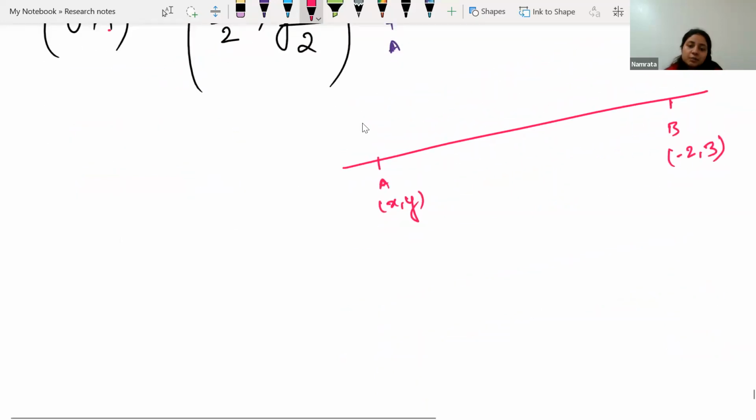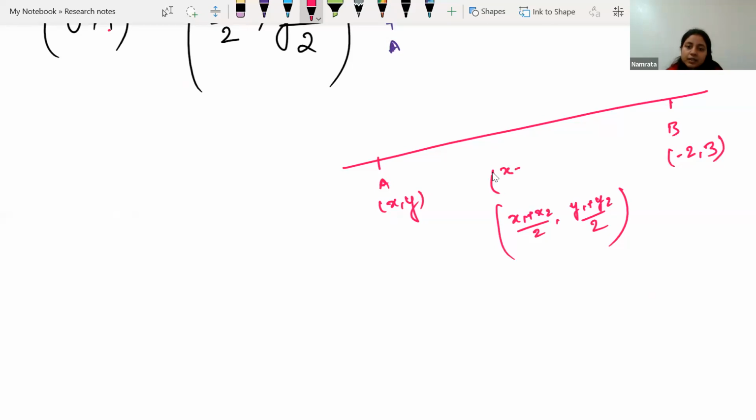For the midpoint, we use the formula x1 plus x2 by 2, y1 plus y2 by 2. So we can write x minus 2 by 2, and then y plus 3 by 2, right? This is the midpoint according to us.